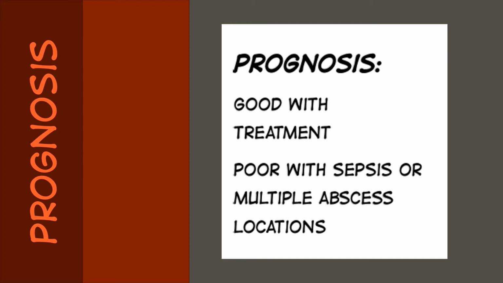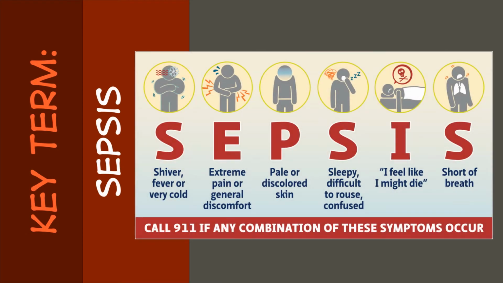So the outcomes become less positive once the patient has developed sepsis, or we'll see those abscesses start to develop in other areas like in the brain or in the kidneys, other parts of the body. So sepsis is a blood infection, and it is the number one killer in hospitals. So again, once a patient has gotten septic, it is very difficult to get them back to a healthy state.